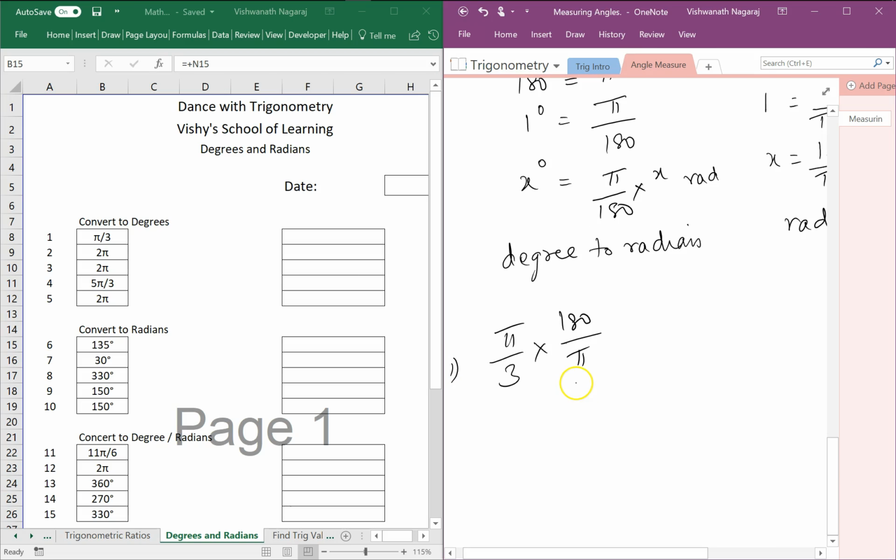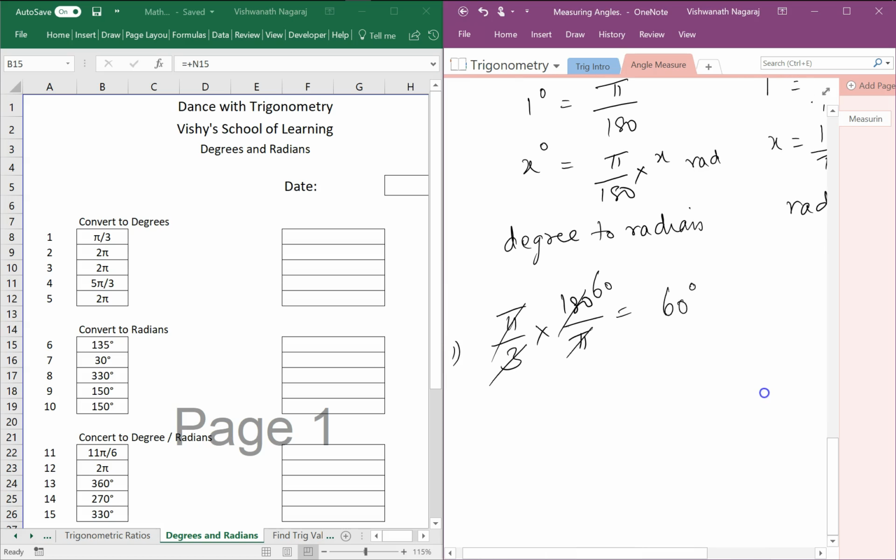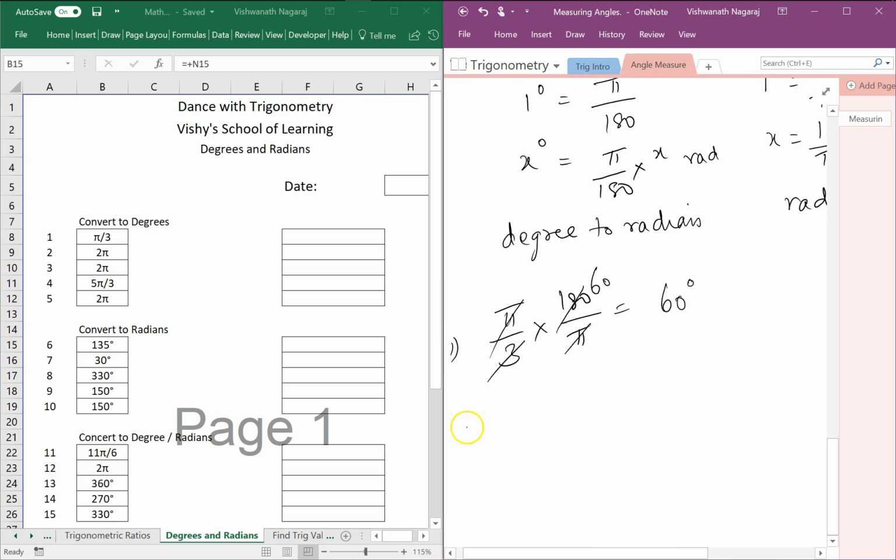Pi gets cancelled. 180 by 3 is 60 degrees. Similarly, 2 pi: either you know that 2 pi is 360, or you just remember that pi has to disappear, so the denominator is pi and above will be 180.